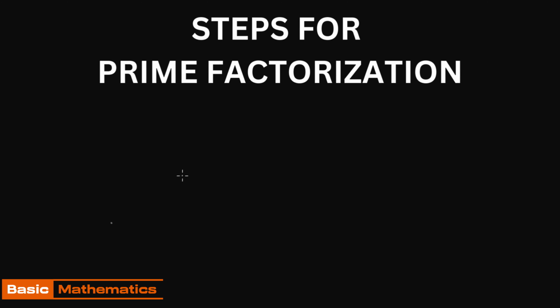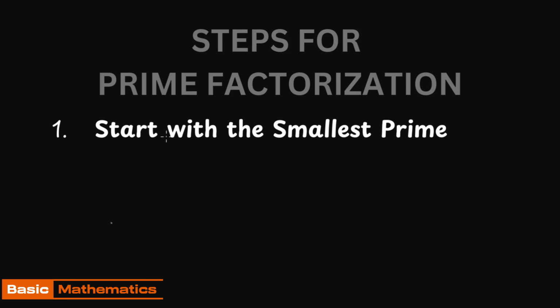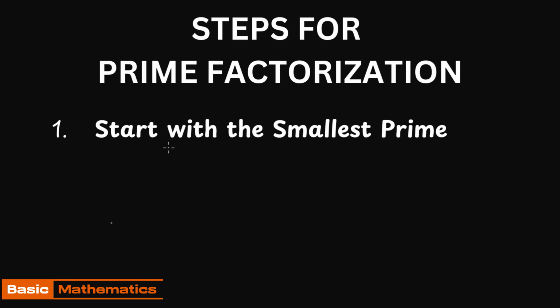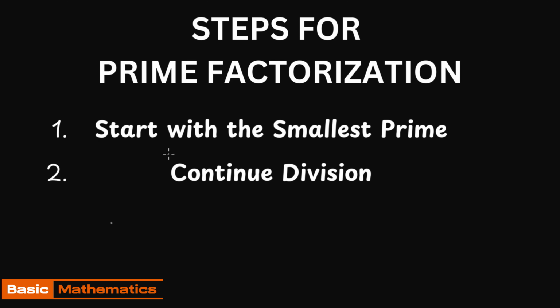Now, what are the steps involved when solving prime factorization? Number 1, we start with the smallest prime, and that smallest prime is 2. Number 2, we continue division.